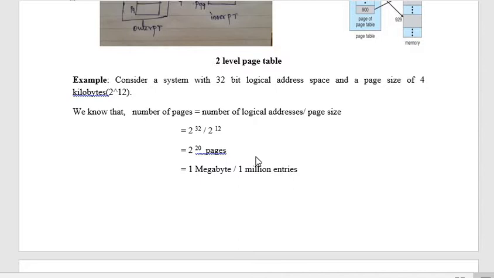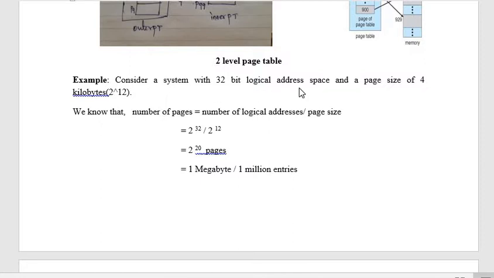If you are not aware of this, please go back to the previous video and check how we calculate the number of pages and the size of the page table. Please refer to that video. Now we need to see what the problem with a larger page table might be and how we deal with it using the hierarchical paging concept.